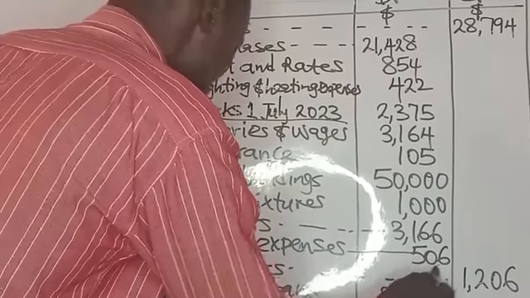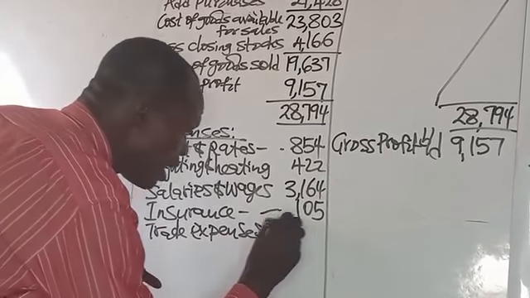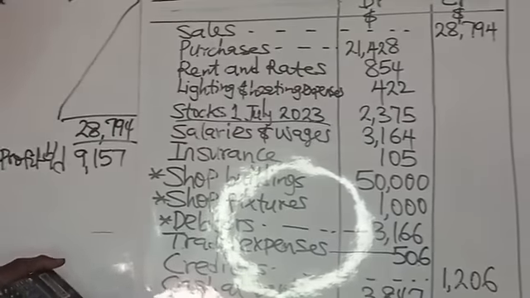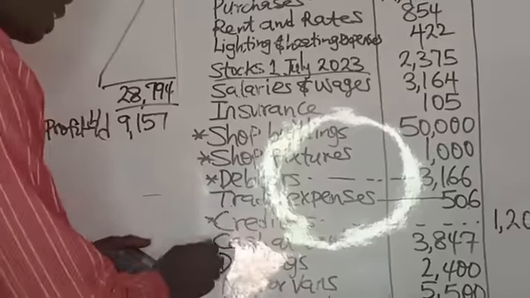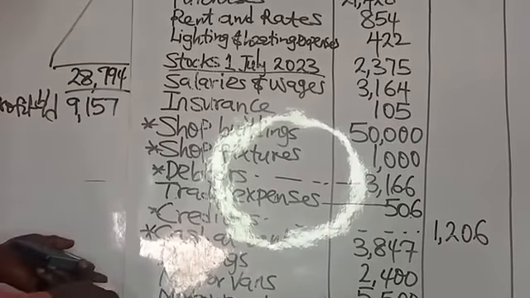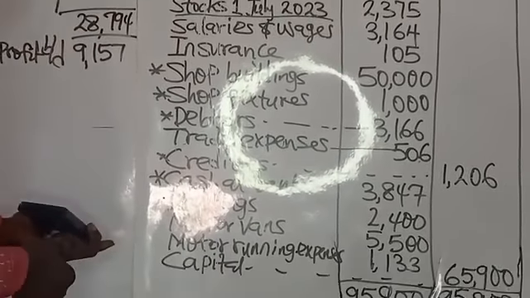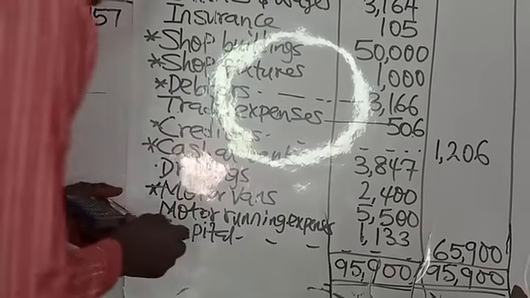Then we have trade expenses of 506. Creditors is a liability. Cash at bank is a current asset. Drawings should be deducted under equity in the statement of financial position. We have motor vehicles, that is a non-current asset.